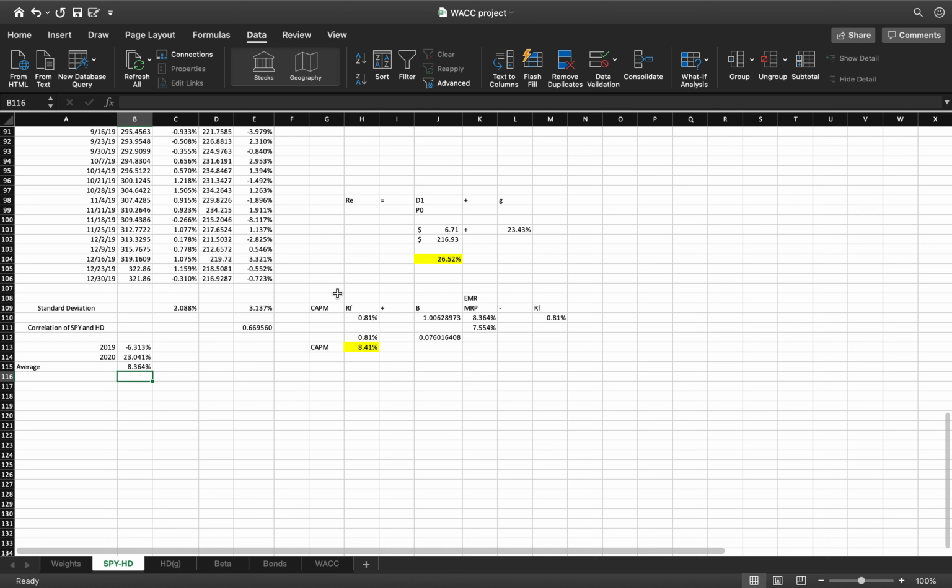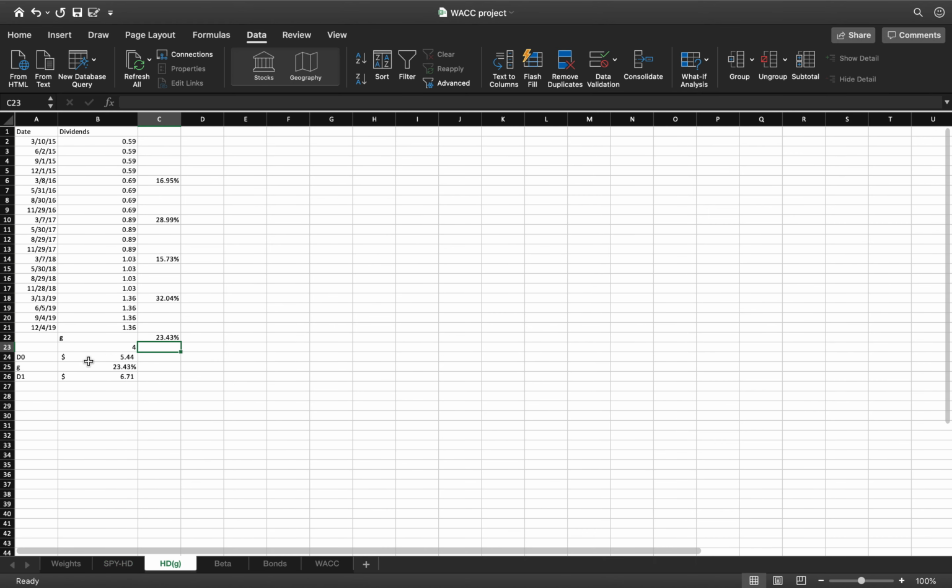Okay, and then when looking at the dividend growth model, we need to find D1 and price 0. And to find dividend 1, we need to find dividend 0. In order to find dividend 0, we use the last dividend payout that we had, which was on December 4th, 2019, and multiply it by 4 because these dividends are paid out quarterly.